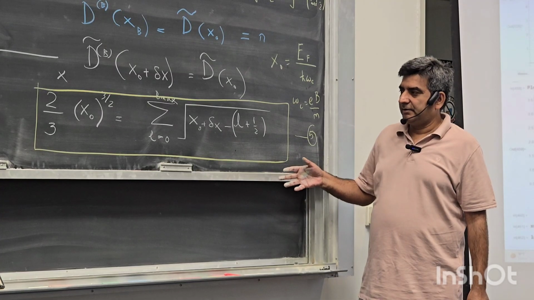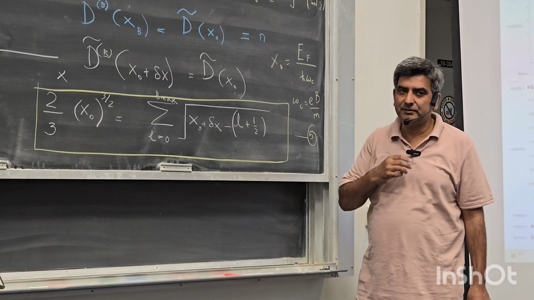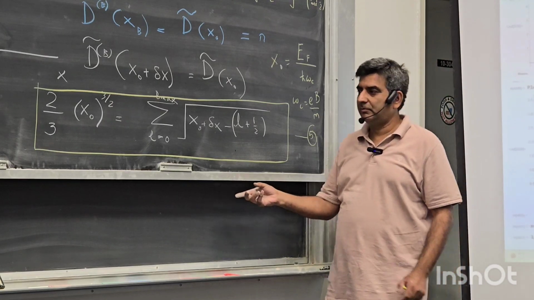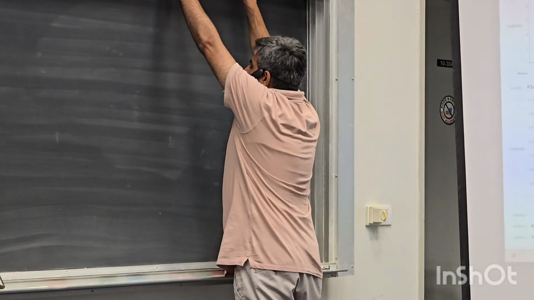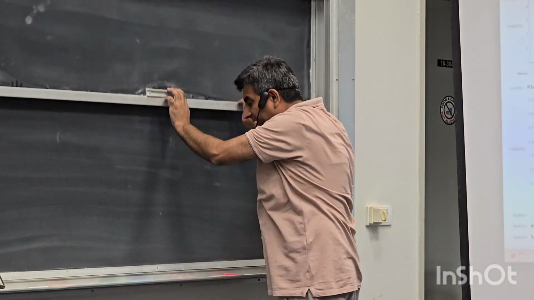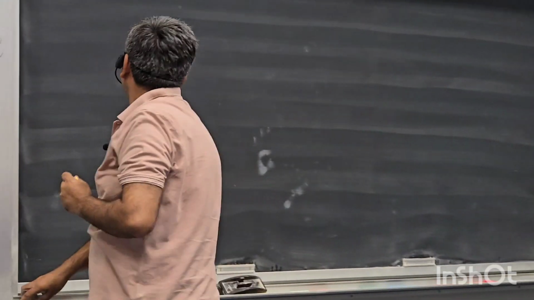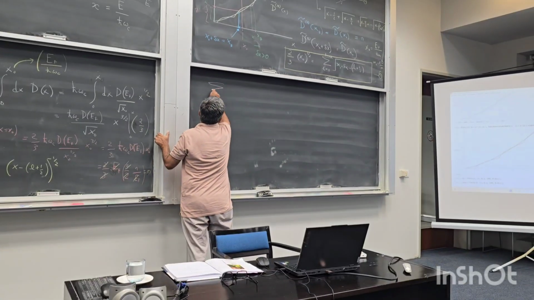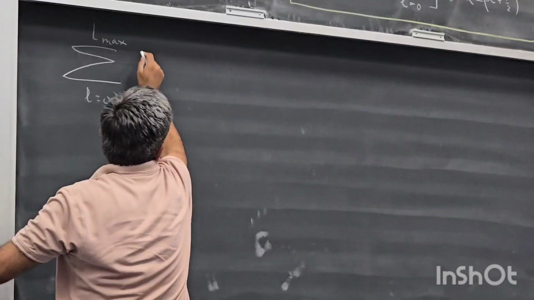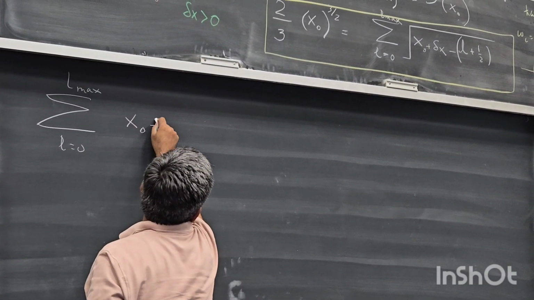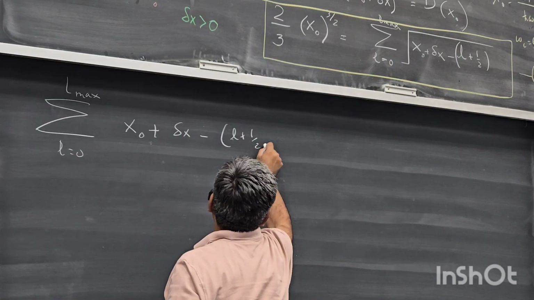and just solve it. So how I do this numerically, I just recast this equation. I want to find roots of L max x naught plus delta x minus L plus half.